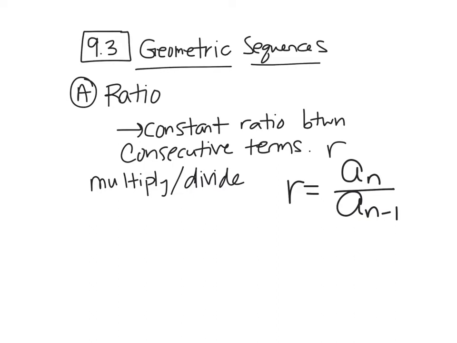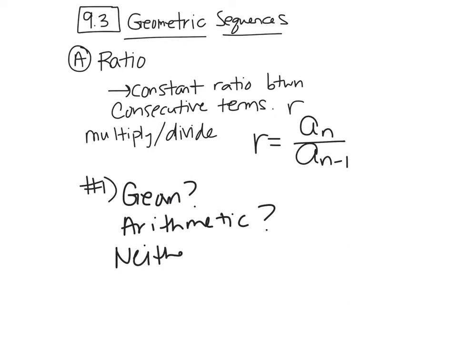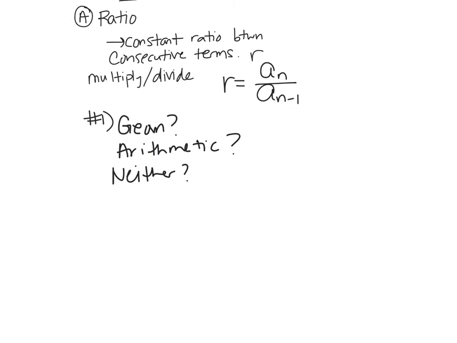All right, so here we go. Number 1. Is this sequence geometric, arithmetic, or neither? Because they're not always just adding or subtracting or multiplying or dividing. You could have different kinds of sequences here. Geometric, arithmetic, or neither. Okay?